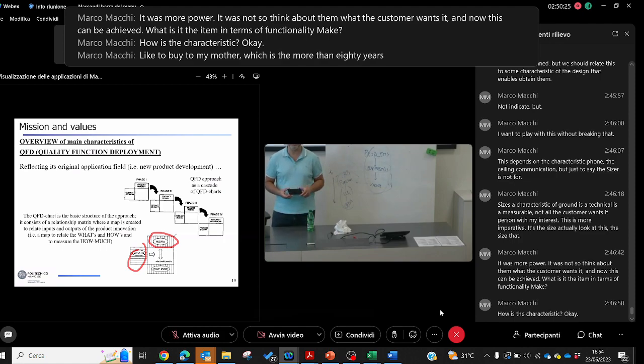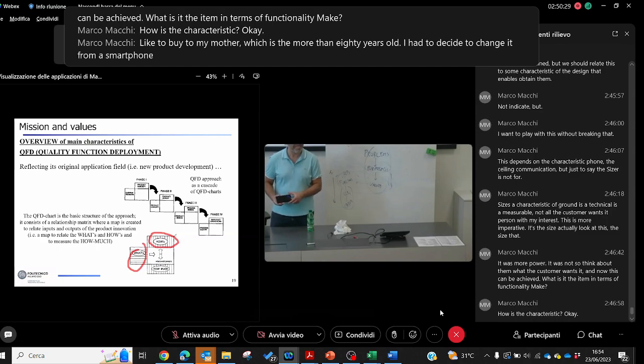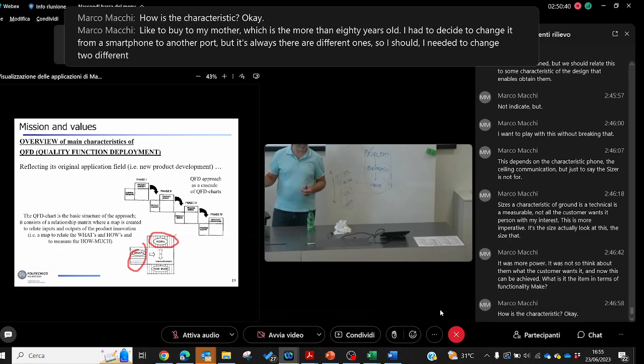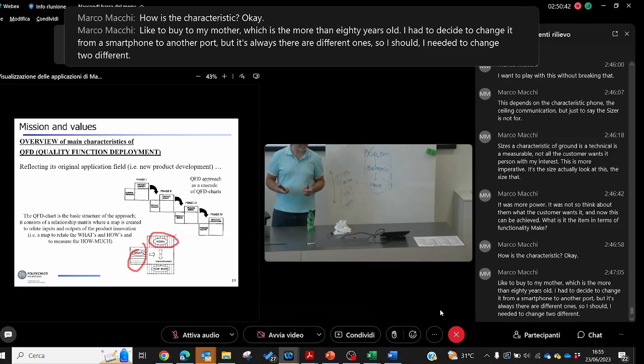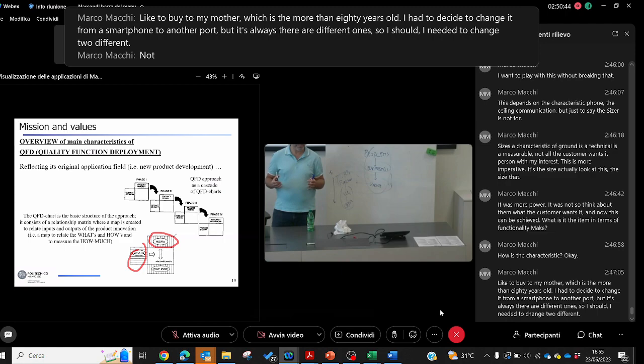I had to decide to change it from a smartphone to a normal phone. But it's obvious, there are different what's. So I needed to change to different hows. Not smart. That's probably the most intelligent example I could make now.